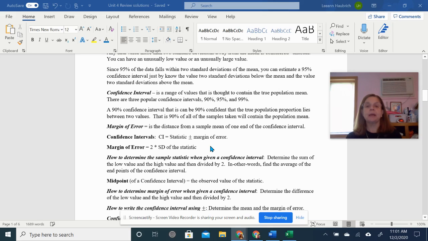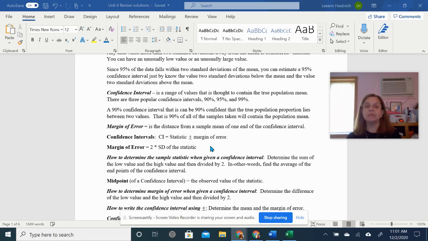The margin of error is the distance from the sample mean to one end of the confidence interval and then to the other end of the confidence interval. So you only count the margin of error once. The difference from the low and the high is the range of the confidence interval.